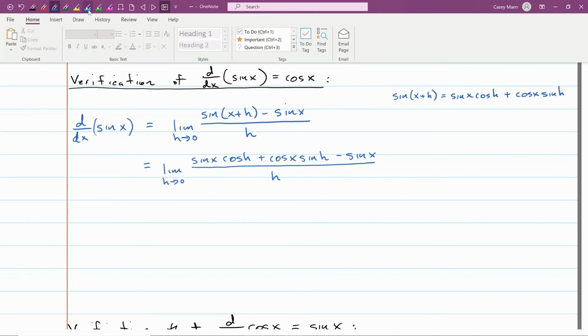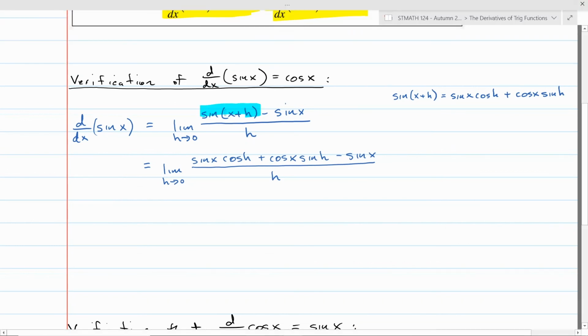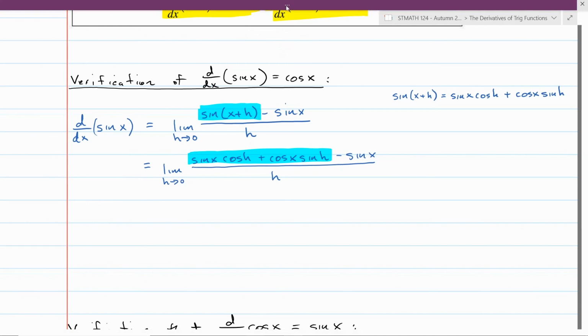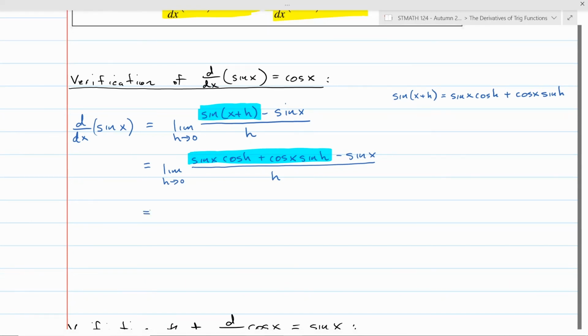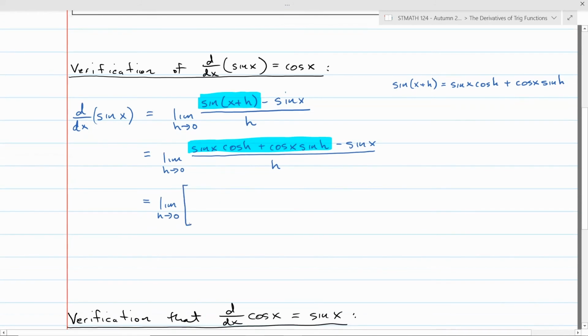In this step that I just did, I just replaced sine of x plus h with what it's equal to in the sum of angles identity. And now we want to set this up so that we can take advantage of those fundamental trigonometric limits that we know. Well, if I take the first term in the numerator and combine it with the third term in the numerator, I would get something like this.